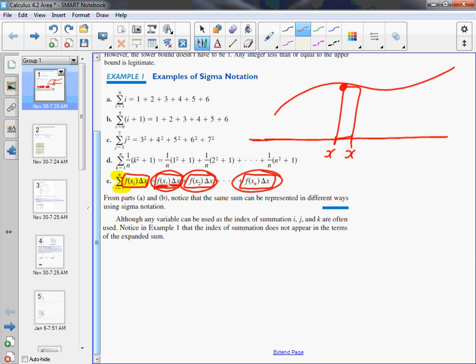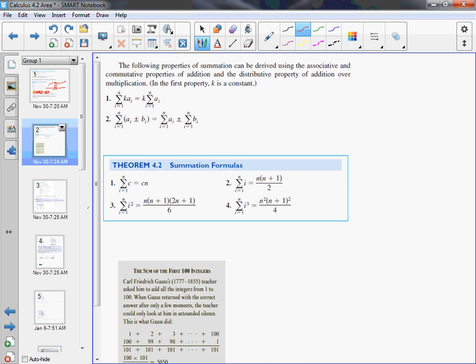Okay. All right. We need some formulas because if your upper bound is big enough, then it's just not practical to work it out by hand. Like if we're trying to find the sum from 1 to 10 million of a fairly complicated term, we're not going to ever be able to do it. Okay?